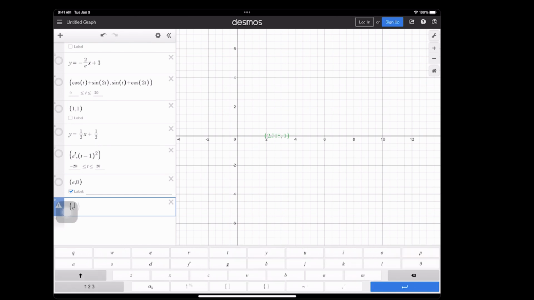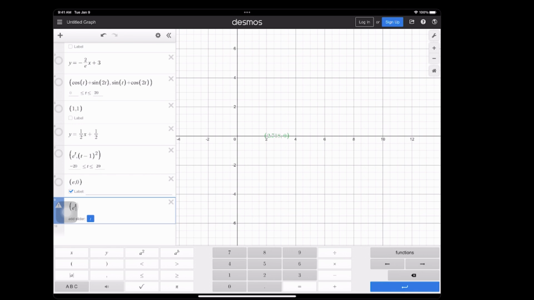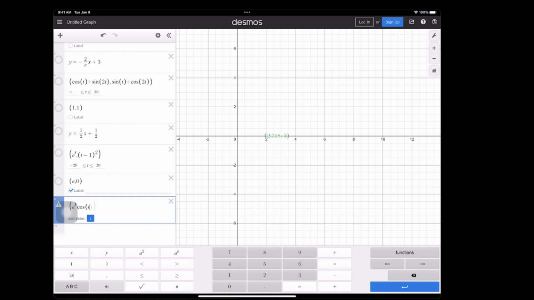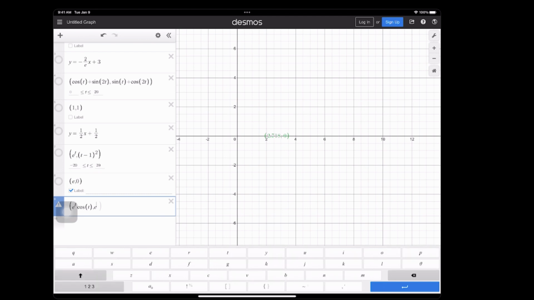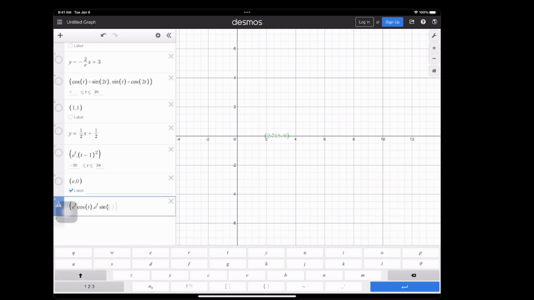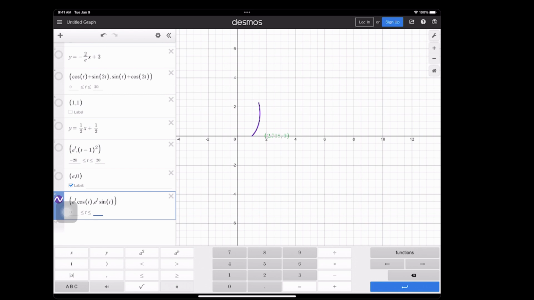Let me see how that looks here for you guys. e to the t cosine t, comma, e to the t sine t, and then 0 to pi.